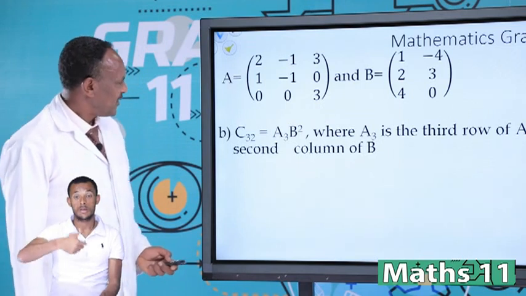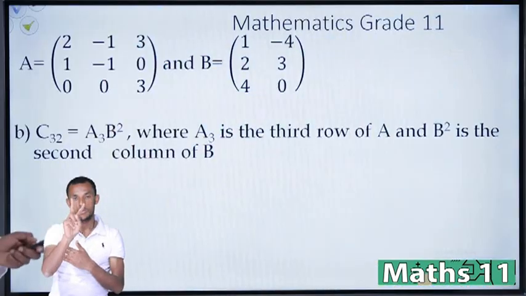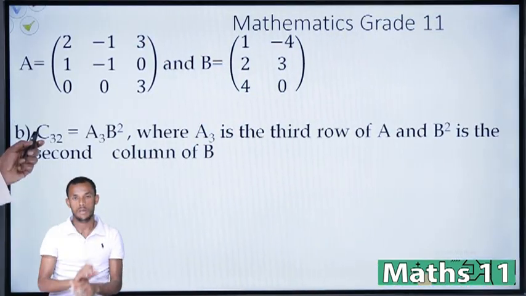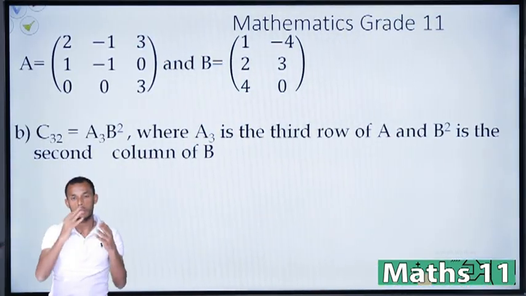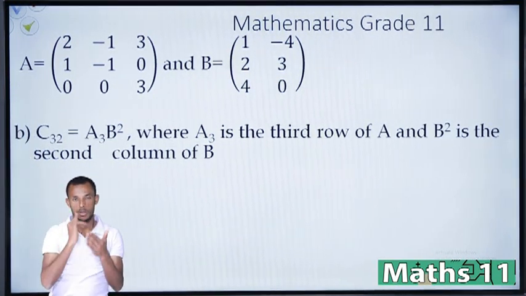The other thing you are asked: the product of the two, A times B, is represented by C. What is the element given by C32, one element in the product?